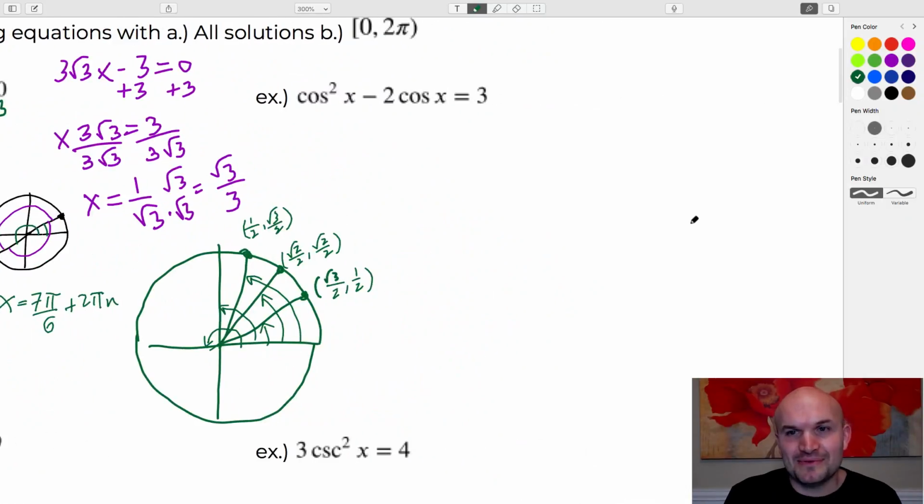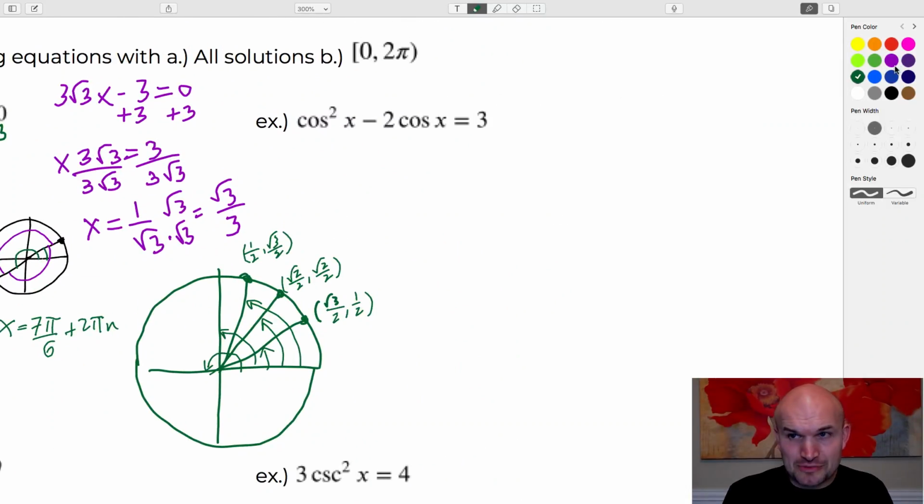But let's go through the algebra 2 again on this one. If we were to look at this equation just in terms of x's, we would have x squared minus 2x equals 3. Hopefully from your Algebra 1 or Algebra 2 teacher, you'd recognize, oh, this is a quadratic. To solve quadratics, I'm going to want to set this equal to 0 and look to either factor it or use the quadratic formula.